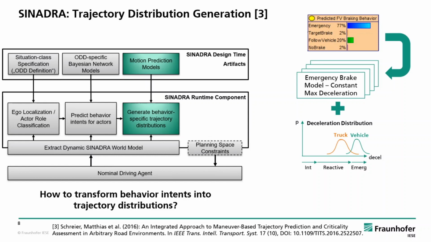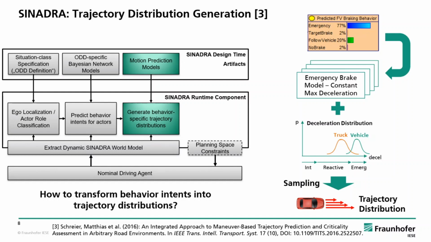So that's why we have this step here, where we come to trajectory distributions by employing motion models for the behavior intents of interest and sampling them into trajectory distributions. So this means that after this step, for each actor, we have trajectory distributions on how, for a particular time horizon, the vehicles or actors around us will behave.